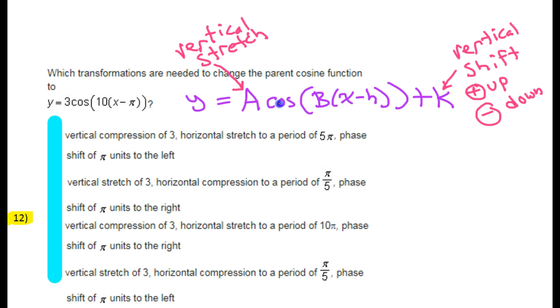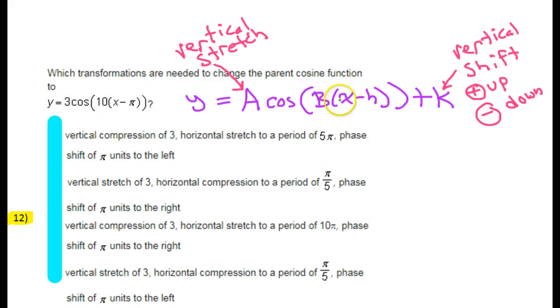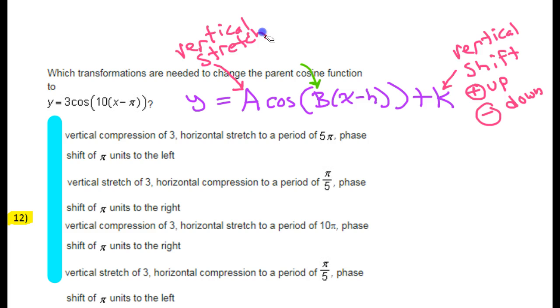Okay, so I purposefully did the things outside the function first because those things are all vertical. Now everything going on inside the function is horizontal. So this b value is a horizontal stretch or compression. In fact, when I said vertical, I shouldn't have just said vertical stretch. I should have said vertical stretch or compression. Let me edit that.